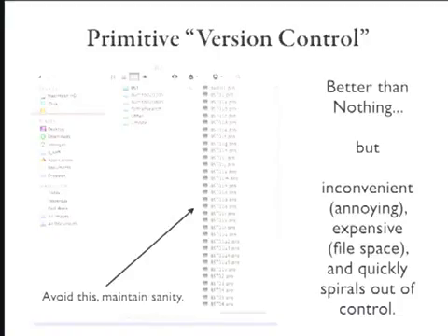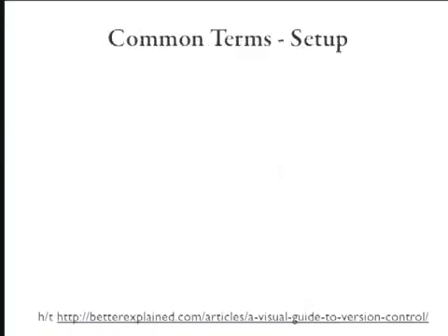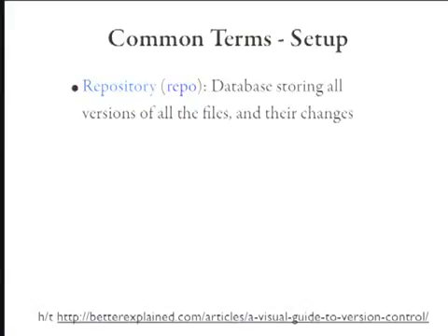So right now I'm going to go through a bunch of terms that are commonly used in version control, specifically with Git. So we have this repository or repo, which is this sort of central database that's storing all the versions of the files and also keeping track of all their changes. So this repo contains all of the past versions of your files and notes all the different changes that were made between them.